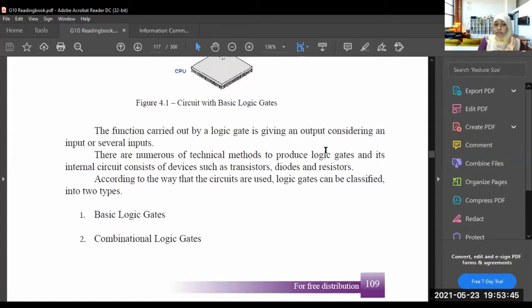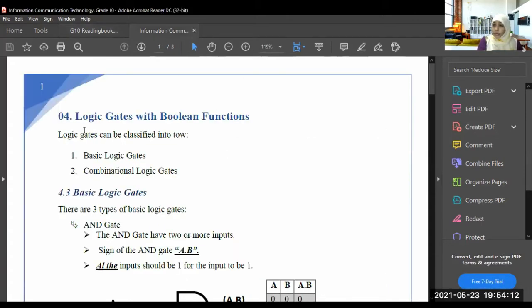There are numerous technical methods to produce logic gates, and the internal circuit consists of devices such as transistors, diodes, and resistors. According to the way that the circuits are used, logic gates can be classified into 2 types. One is basic logic gates.